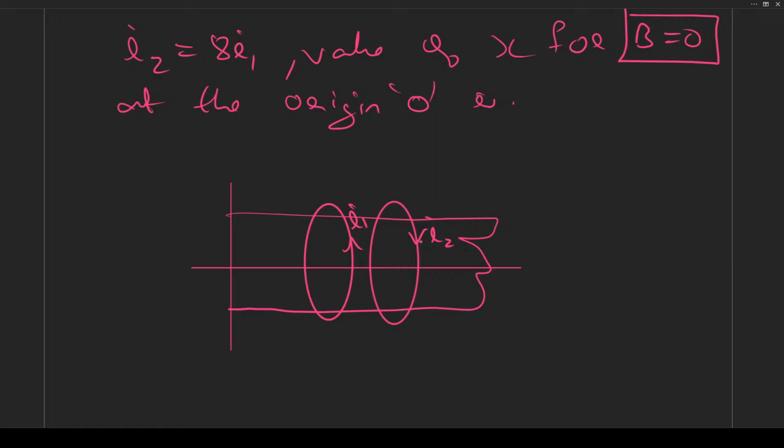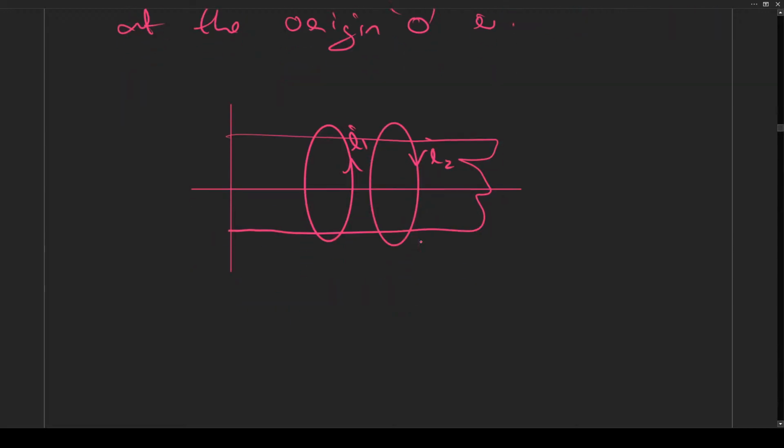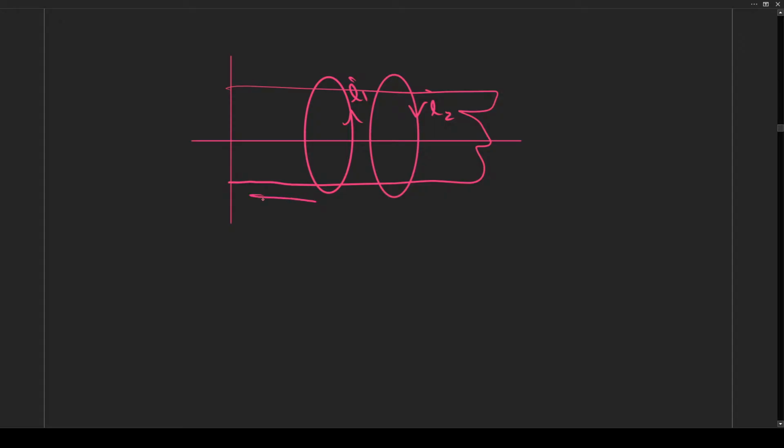Two wires are wrapped over a wooden cylinder to form two coaxial loops having the same axis. They are carrying currents I2 and I1. There is one more mention here. This distance is r and this whole distance is x. They gave I2 equal to 8I1. Then find the value of x for B equals 0 at origin.